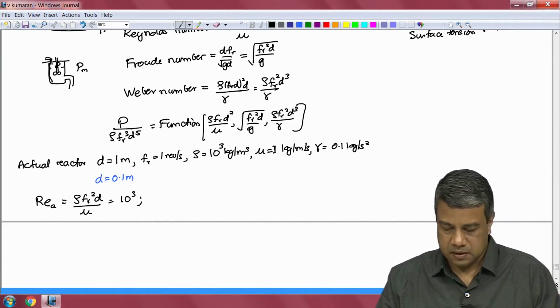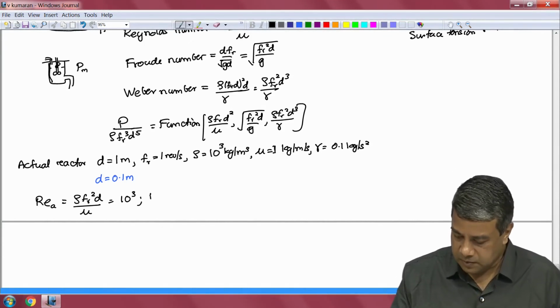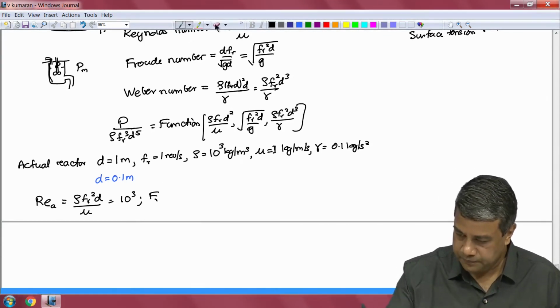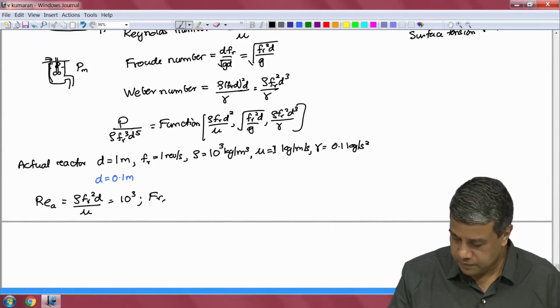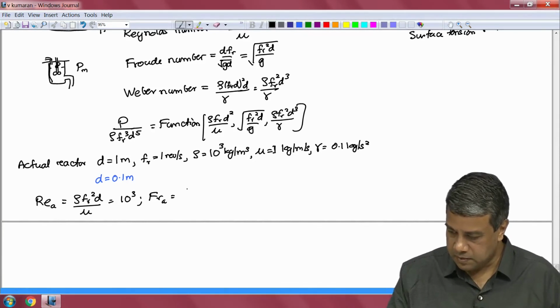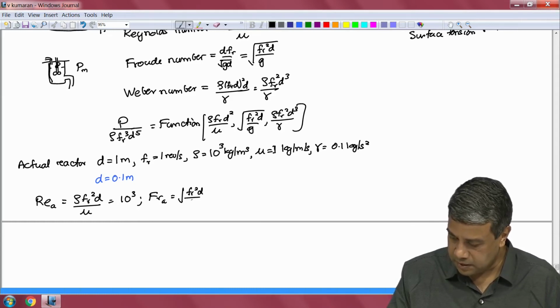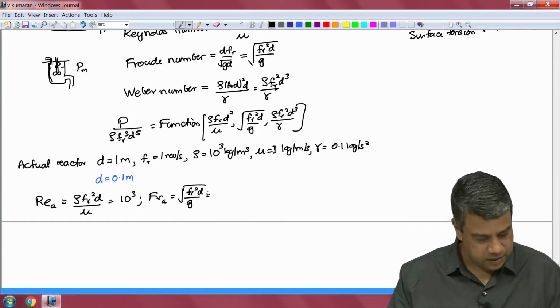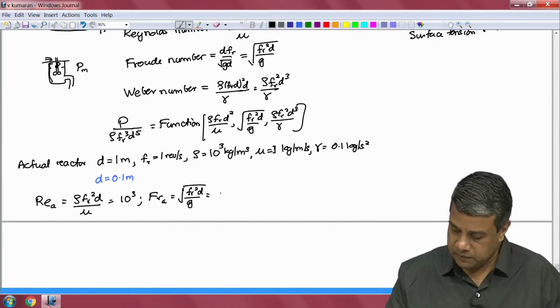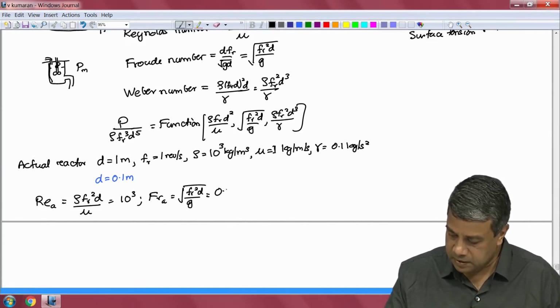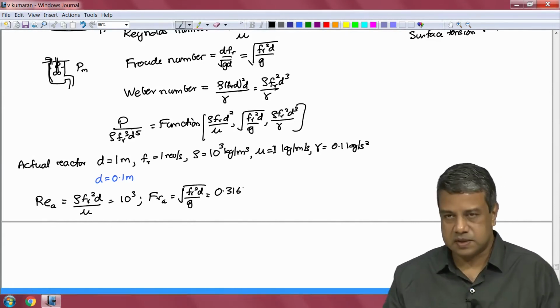Now, what is the Froude number for the actual? It will be equal to root of f r square d by g. So, the Froude number for this is approximately 0.316, because g is equal to 10.